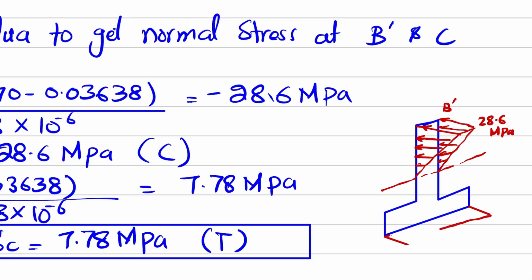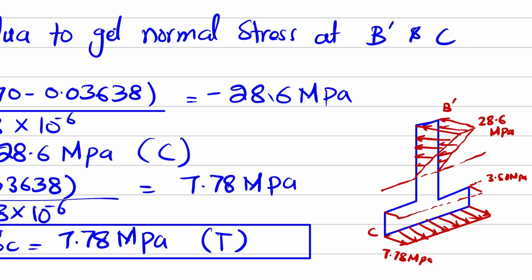This is your point C, and the stress is tensile, so it will be like this, 7.78 megapascal. And from this neutral axis, if you want to calculate the stress at this point, it will be 3.50 megapascal. How you will find it, I will show you in a while.